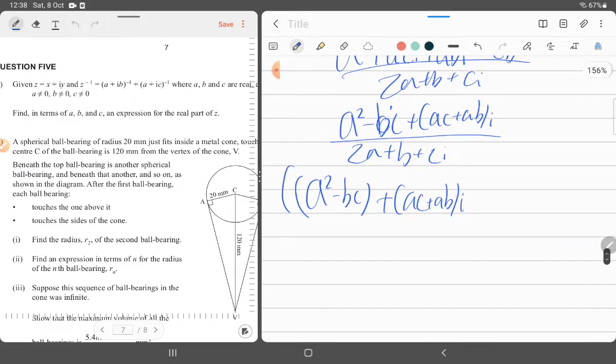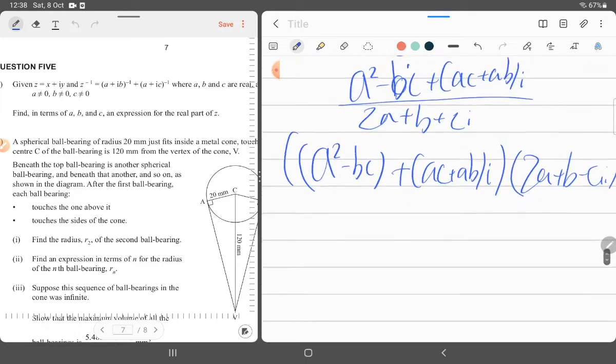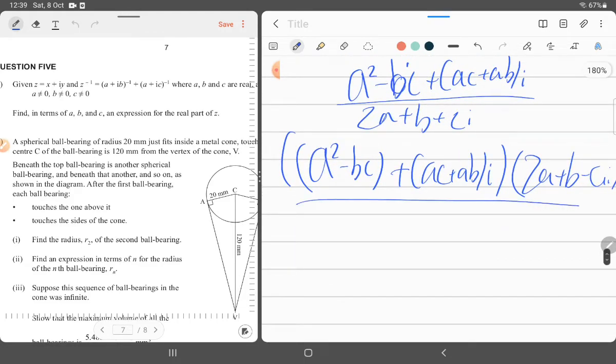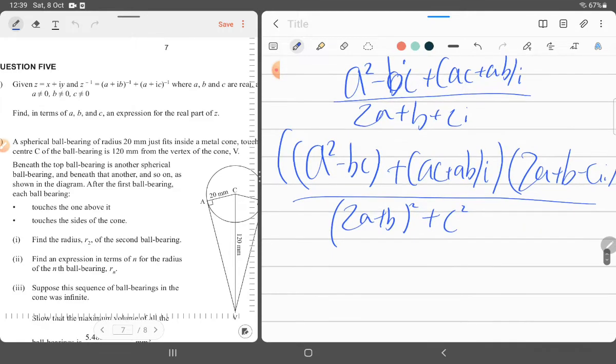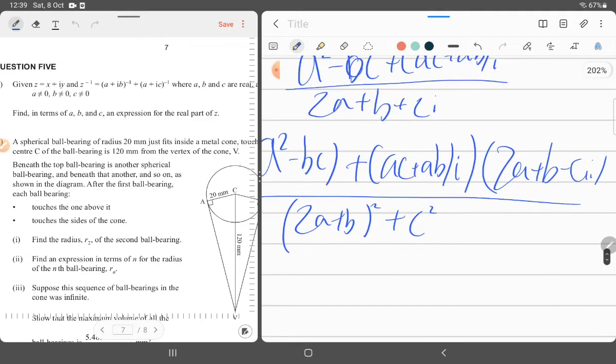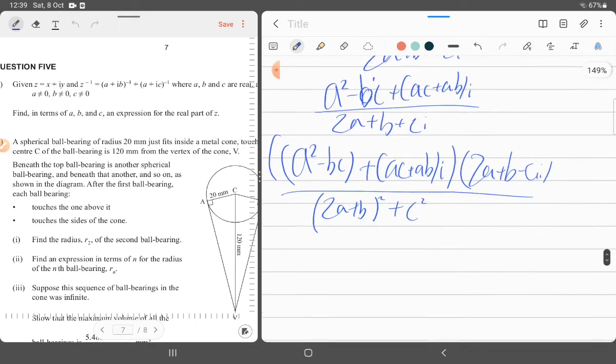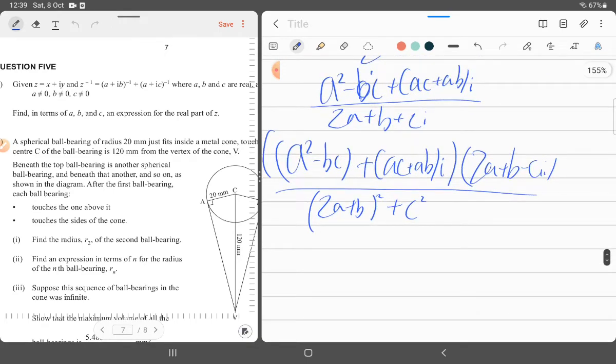I think we multiply this by 2A plus B take away CI, over, so then there's just 2A plus B all squared plus C squared. I believe that's it.